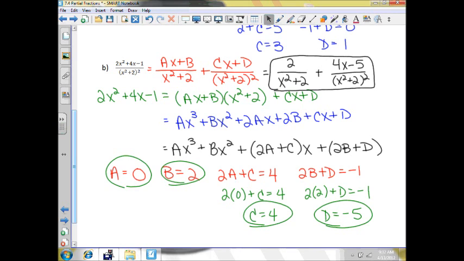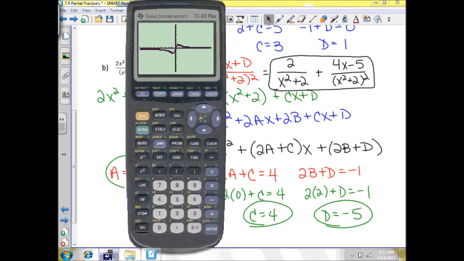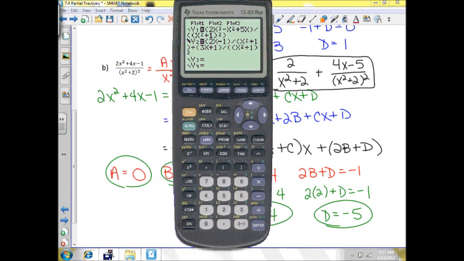Now again, you can check it on your calculator. That's what we have there.